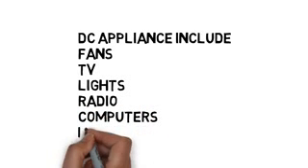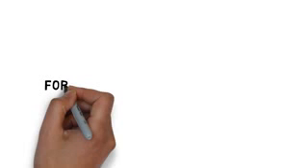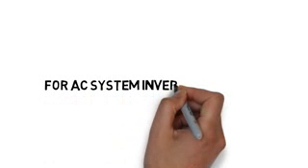Televisions can be bought with DC input and so can be fans, refrigeration devices, lighting and even heating devices. In fact, using DC output of the panels in the DC appliances eliminates the need of an inverter. An inverter is a device that converts DC electricity to AC.